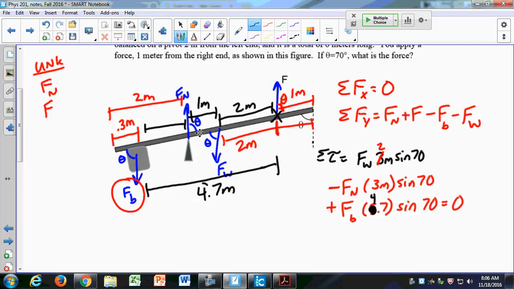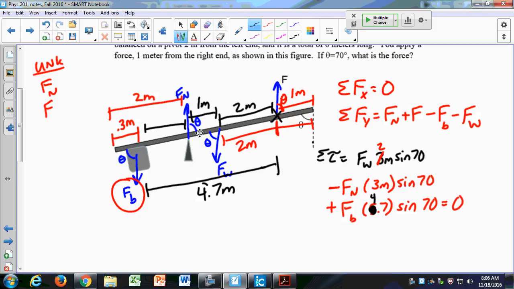All right, you with me on this? On the same page? So I did the sum of the torques. The first, FW, I think it was 10 kilograms, so this is 100 newtons times 2 meters times the sine of the angle. That's the distance from here to here, which is 2 meters. This is a counterclockwise torque, so it's positive.